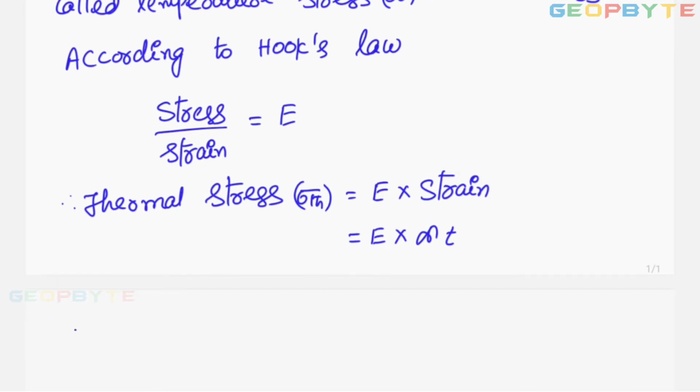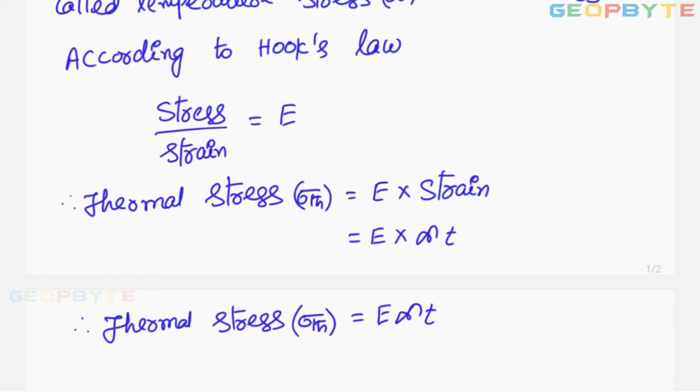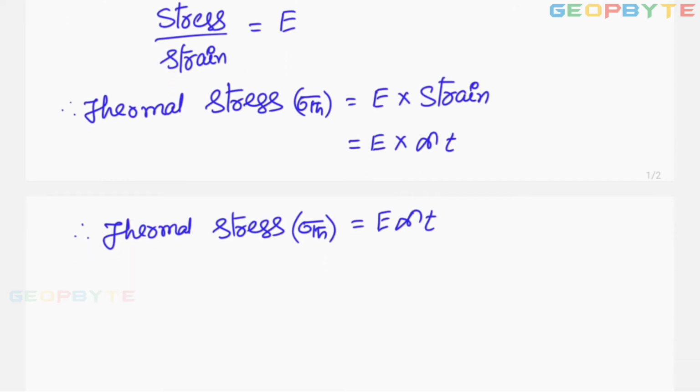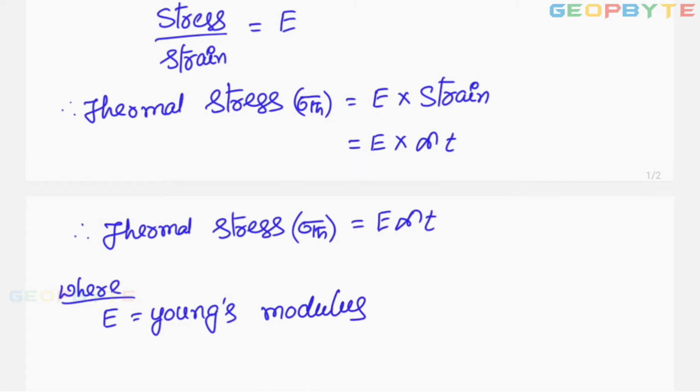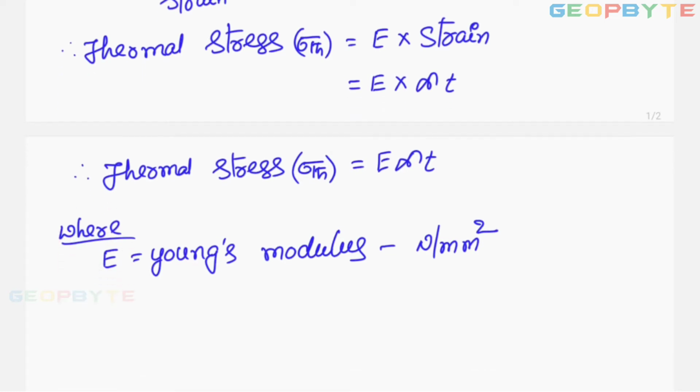So, the thermal stress developed due to temperature change equal to E into alpha into T, where E be the Young's modulus, it may be in Newton per mm square.